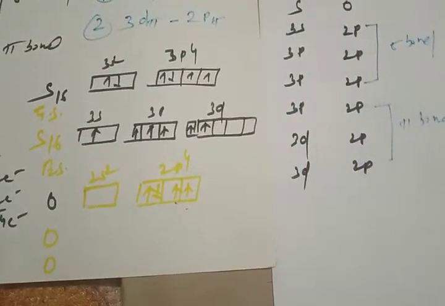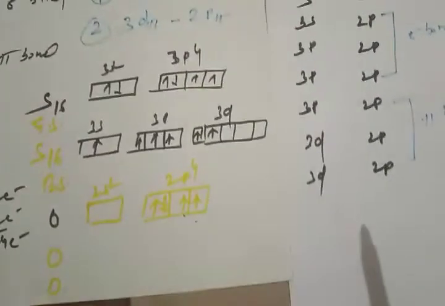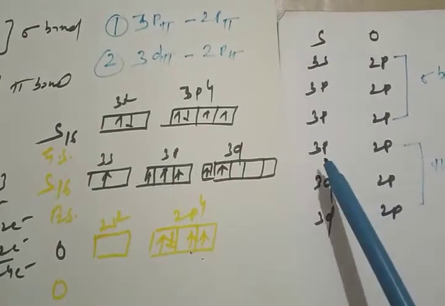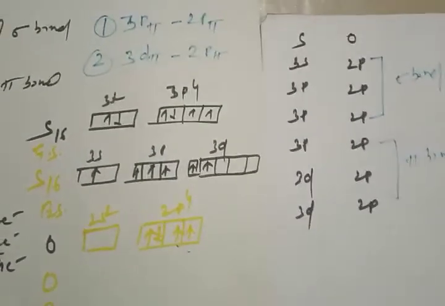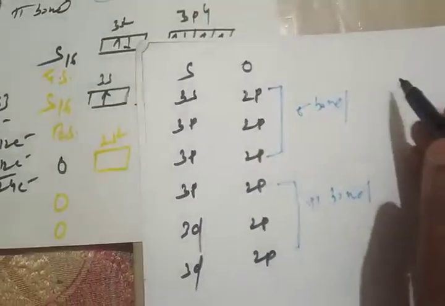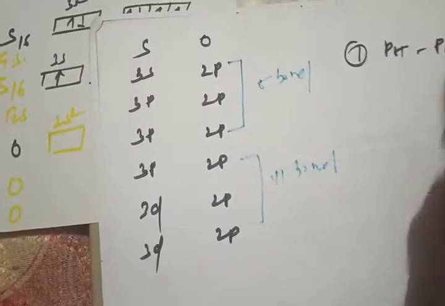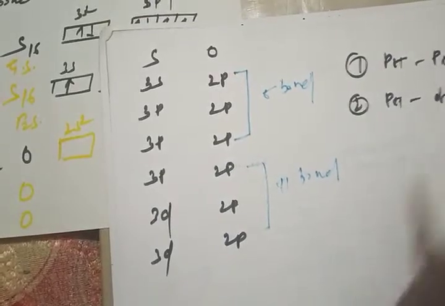Correct? 3 sigma bonds, because we know that a sigma bond can form with sp, pp, and a pi bond can form with pp also and dp also. So the answer of this question is that in this case we have 1 p pi and 2 p pi d pi. So total is 3.